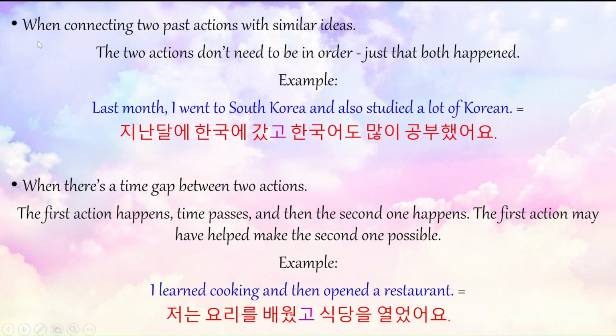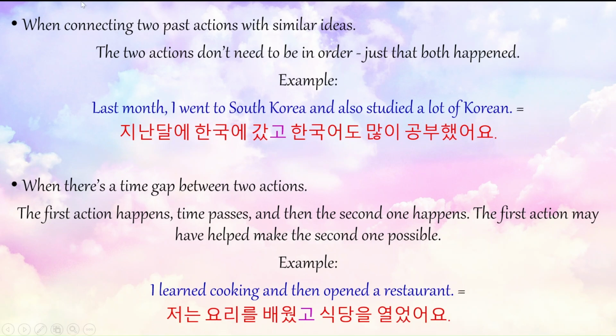The first one is when you connect two past actions with similar ideas. So, two actions happened in the past, and there's no need for them to be in a particular order. Both actions just happened.